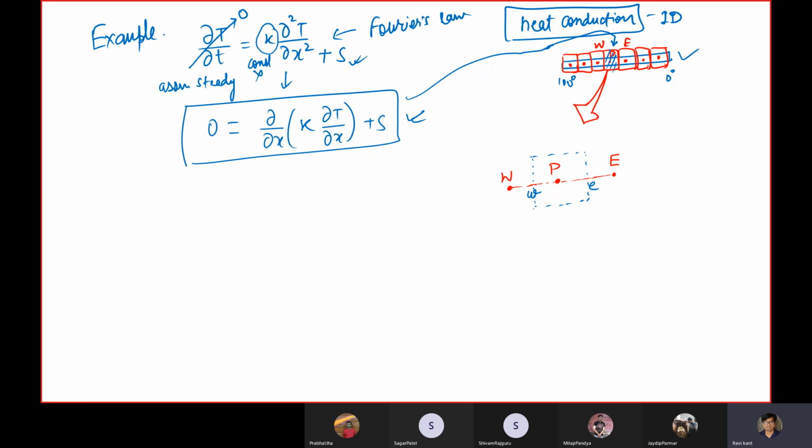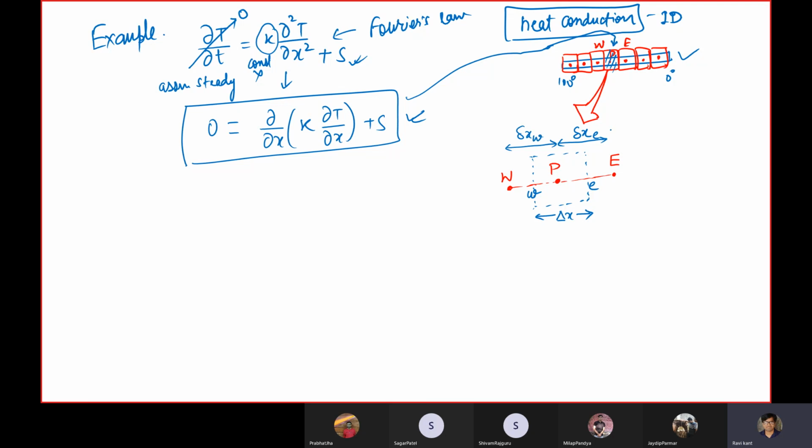One more thing: the length of this domain is delta x, let's suppose. The length from one centroid to another is small delta xe, or small delta xw, if it is non-homogeneous.